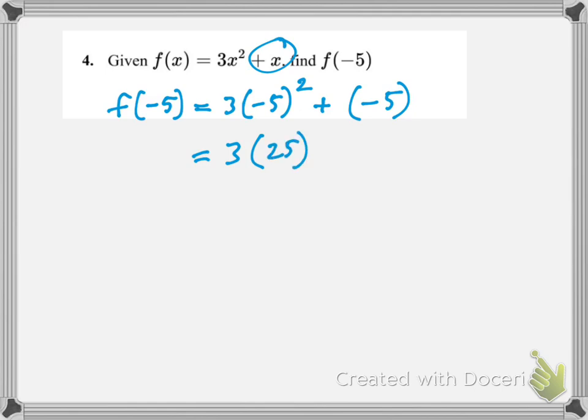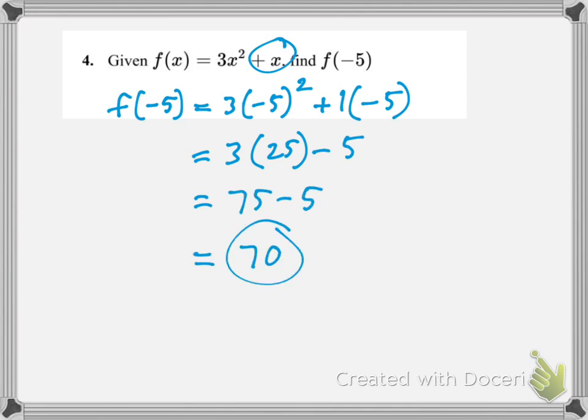What this really is, is positive 1 times negative 5, so this is minus 5. So that's 75 minus 5, which is 70. Just be careful with the negatives. And that's it.